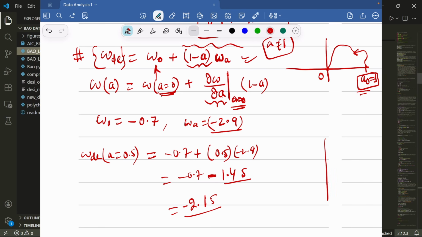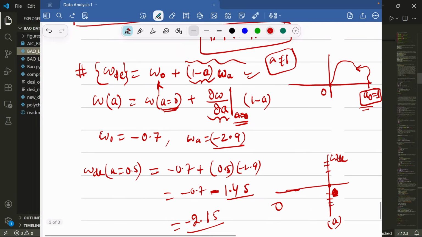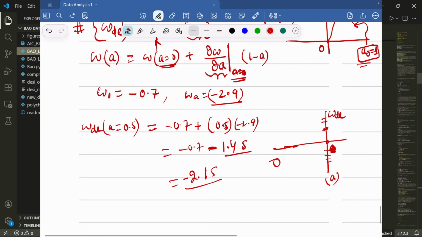So if you plot your omega DE with respect to A, where A is 1 and we are going to 0, it will come out like this. Here it is 0, it's the y-axis, and the negative x-axis. So let's shift it. Maybe this is minus 0.9, 0.7, and again it will come.